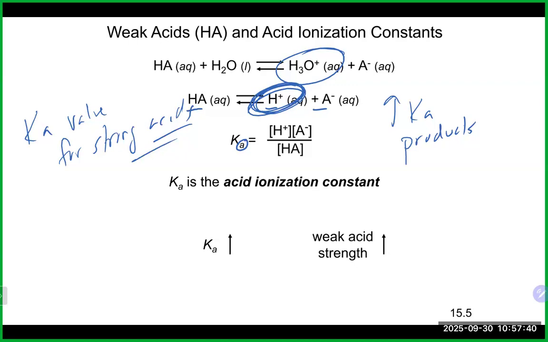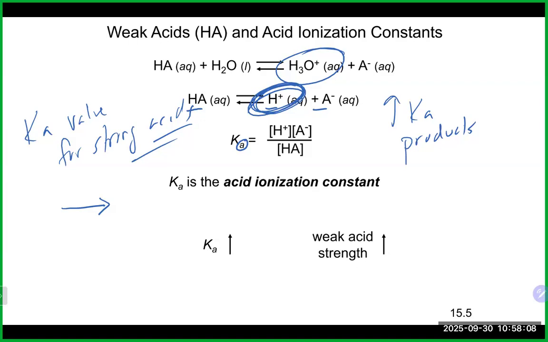The answer is no, we will not, because a strong acid is a one-way street, right? So there is no equilibrium that's going to be set up. And because there's no equilibrium set up, you will not have a Ka value for strong acids. So that's a very easy way to know whether or not you're dealing, for example, with a weak acid or not. If you see a Ka value in the problem or you see it in a table, it's a weak acid for sure. Strong acids will not have Ka values.